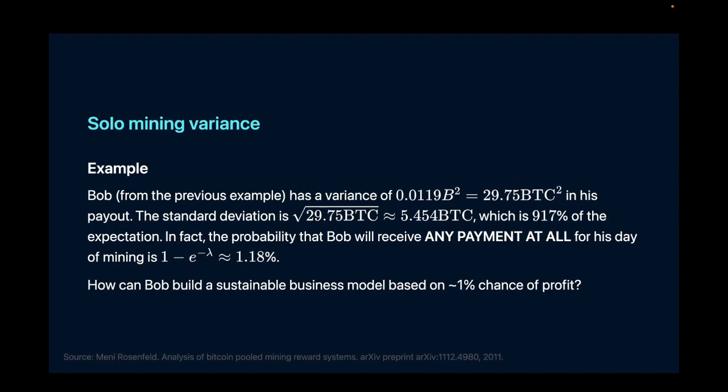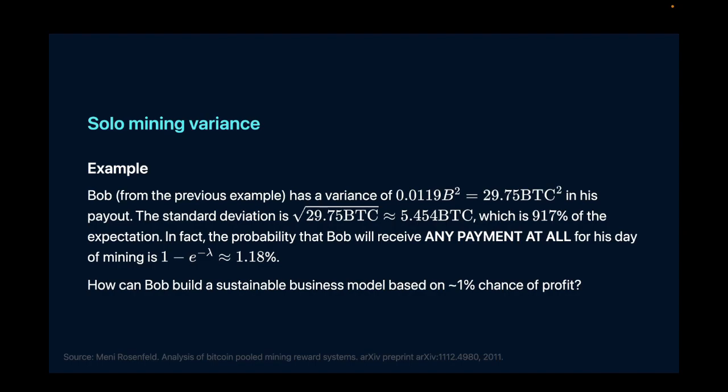In fact, the probability that Bob will receive any payment at all for his day of mining is about 1%. So let's meditate on this. Bob is mining the entire day. The probability that he will get any payment at all for his day of mining is around 1%.